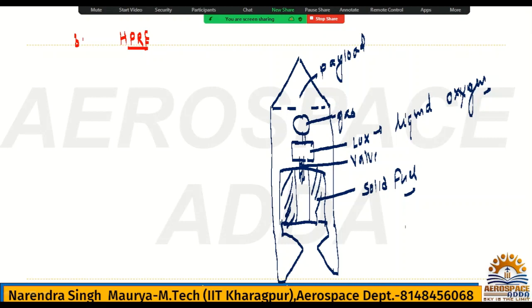It has start, stop, restart capability, just like LPRE. Compared to LPRE, it has relatively lower system cost because we have a reduced number of pumps and gas generators, and fewer vessels also. So it can have higher values of average specific impulse compared to LPRE.